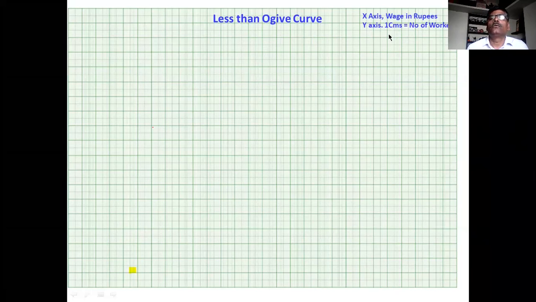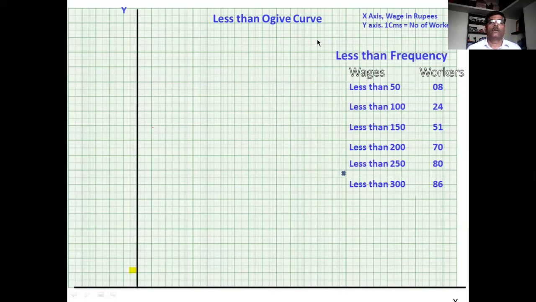X-axis is wages in rupees. Y-axis is the frequency, the number of workers. These are the values. I have taken 90 values. How did I take these 90 values? These 90 values are taken on the basis of total frequency.